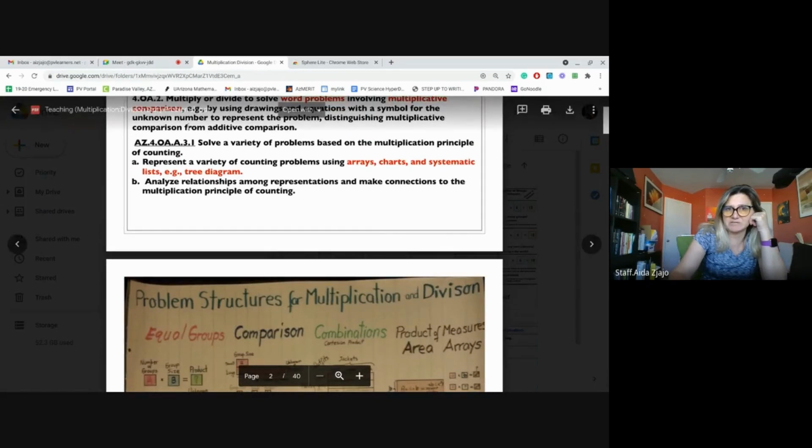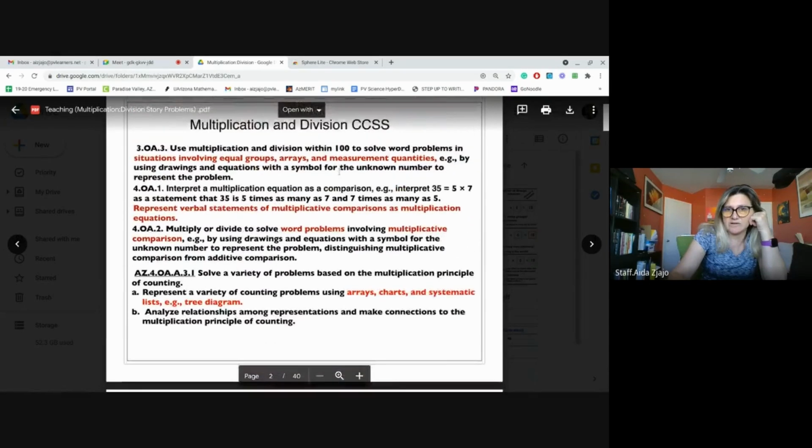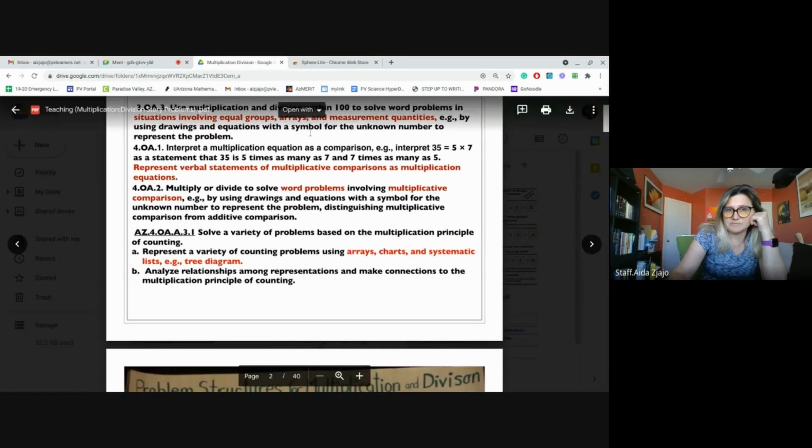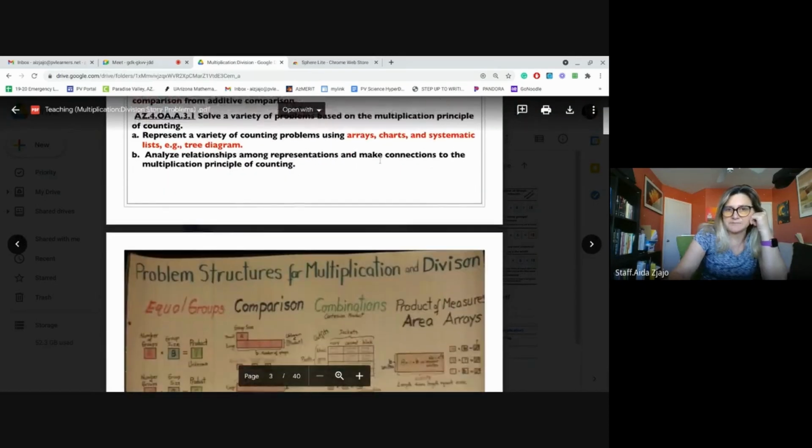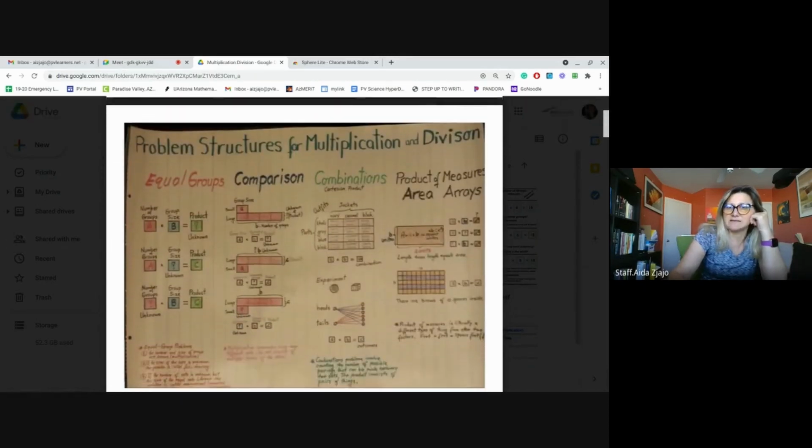The only objective in the Arizona standard that the Common Core State Standard doesn't cover is combinations, but we'll talk about that later. Here is the poster that I created.